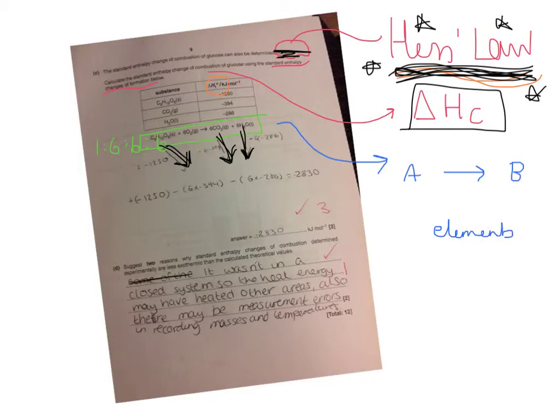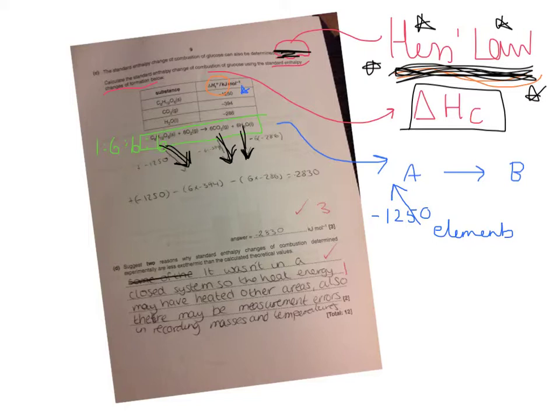So the amount of energy it takes to form glucose is represented by this arrow now, which will be -1250. Let's go from there.